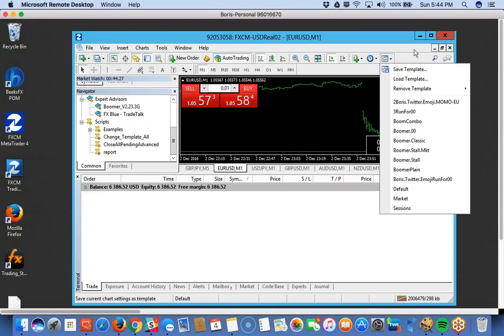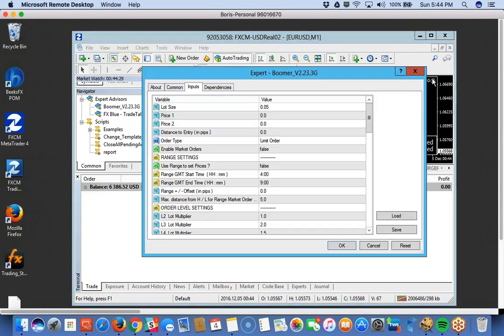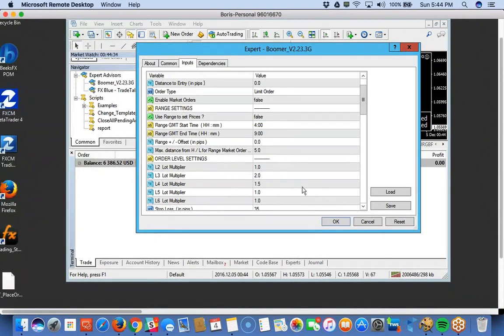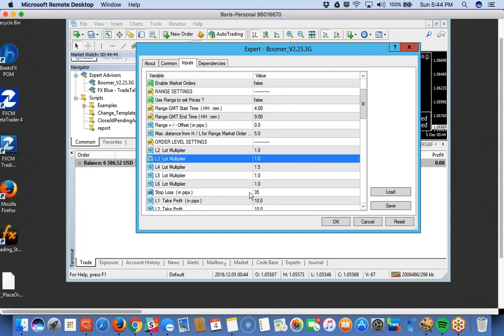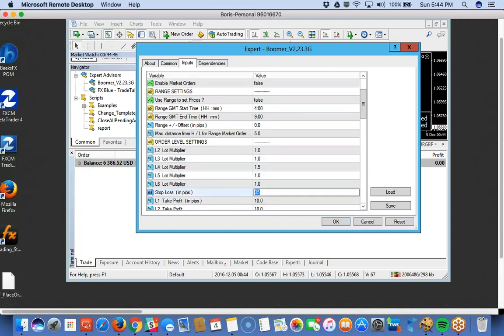Now the next template that we're going to be working on is the Boomer Stall. Right? The Boomer Stall only has 2 levels to it, so we can just ignore all of the stuff, and it has no multiplication. It has just 1 times the size. The stop loss on the Boomer Stall, remember, we came in at 40 and our stop is 60, or we come in at 60 and our stop is 40. Either way, the point being is our stop loss is always 20 from the initial point.